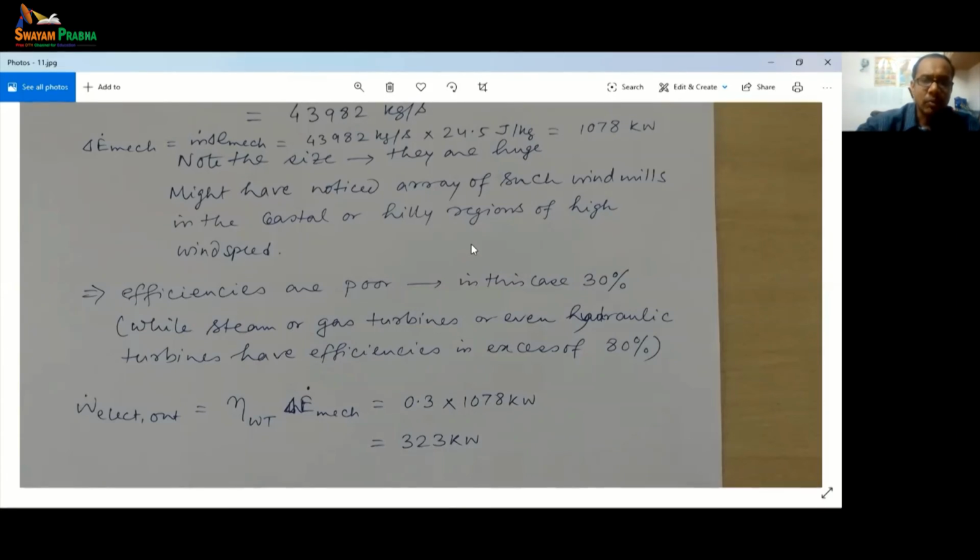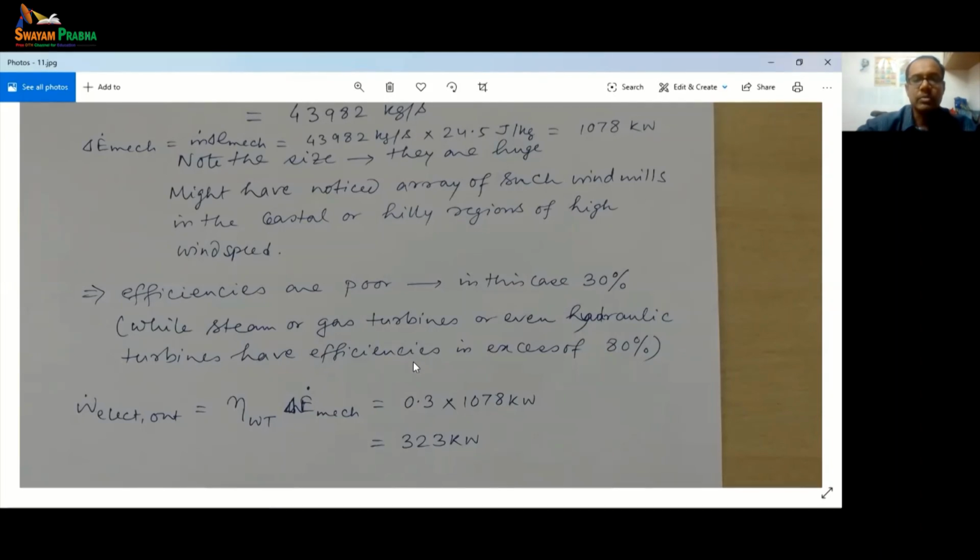Okay, but why do you need these big windmills? Because the efficiencies are usually poor. Here it's given 30%. In the last problem you saw this for the turbine, and earlier for the pump. Whatever system you take, steam turbine, gas turbine, or even hydraulic turbines, they have efficiencies in excess of 80%.